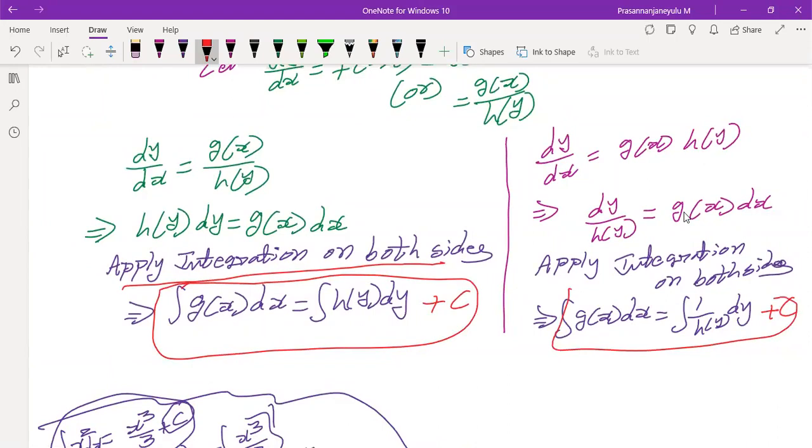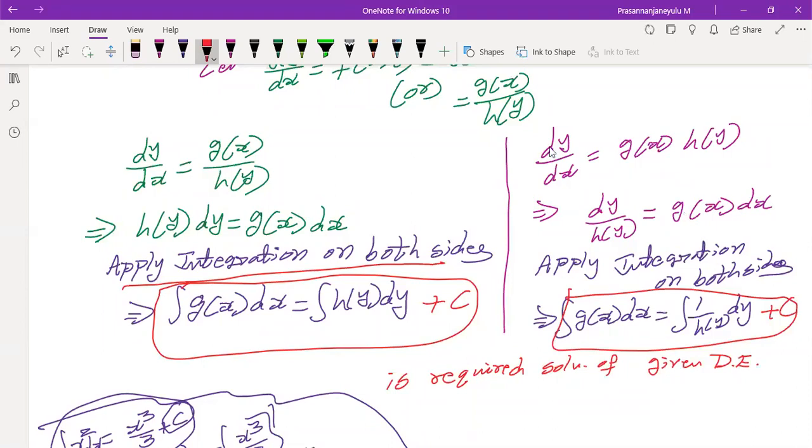After completion of this, we can mention it as the required solution of the given differential equation. Okay, clear, students?